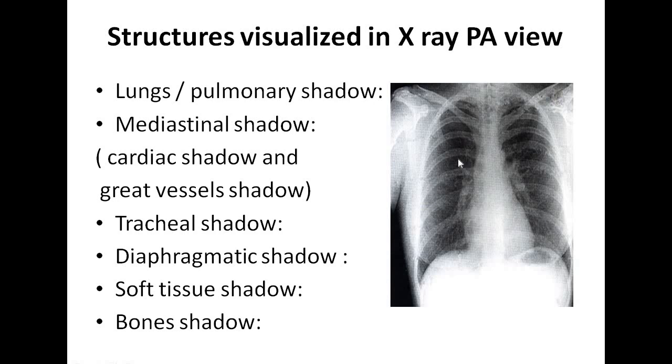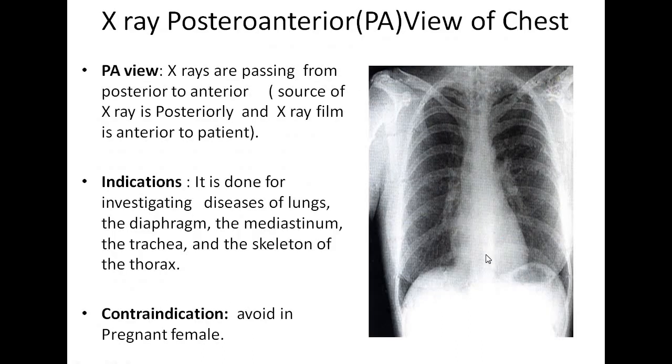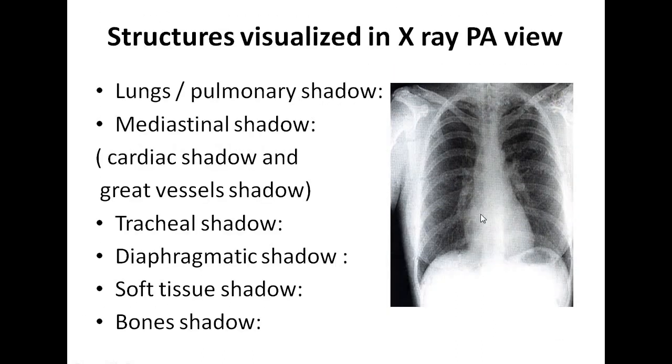As the lung contains air, it allows X-rays to pass through it and produces this black color shadow, that is because of radiolucency. The mediastinal shadow you can see in the midline. The trachea you can see in the midline, which is having air. Then diaphragmatic shadow, then soft tissue shadow and bones shadow.